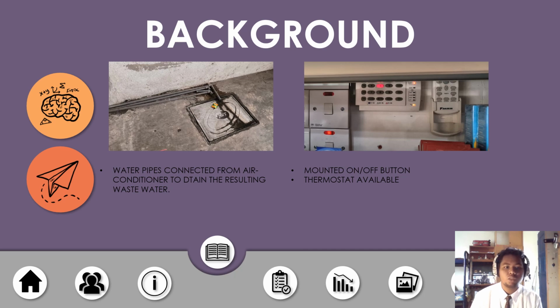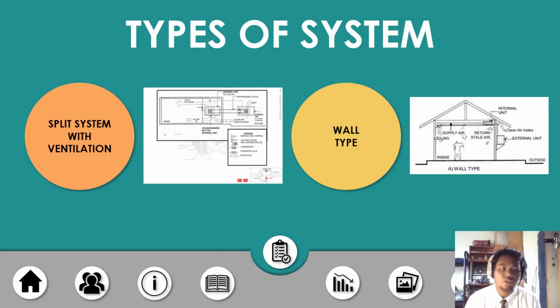The water pipes connected from air conditioner to drain the resulting wastewater, and mounted there is an on off button, and there is a thermostat available. So for this mini market, the type of system that they use is split system with ventilation and using a wall type system.